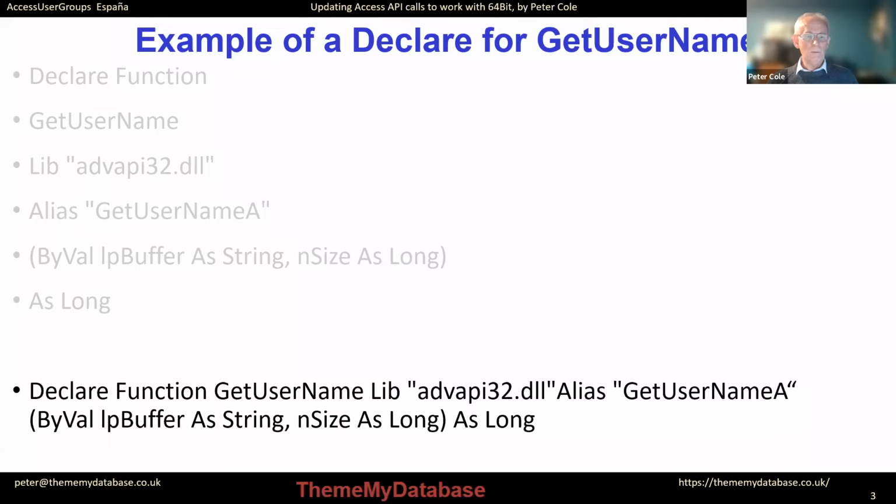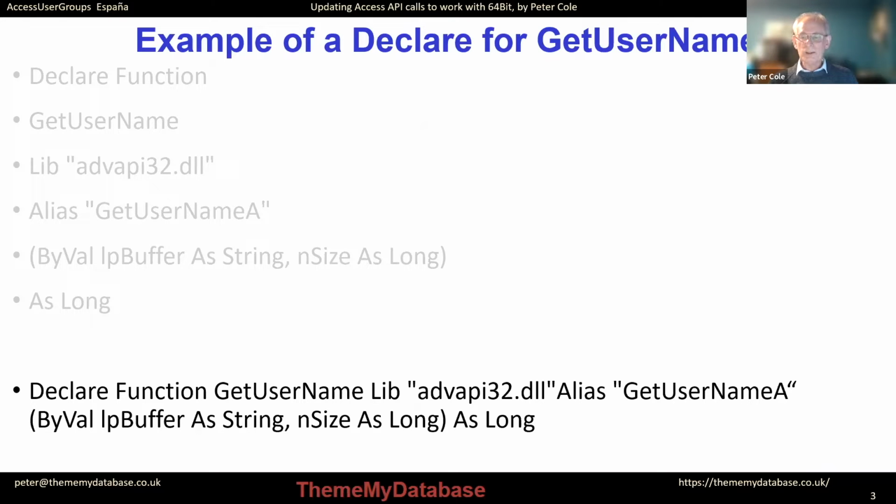So we have, after the function, the name that we're going to use in VBA. We've got the library it's coming from, which is ADVAPI32.dll. And then the alias name, which you can't quite see on the end there, it's GetUserNameA.